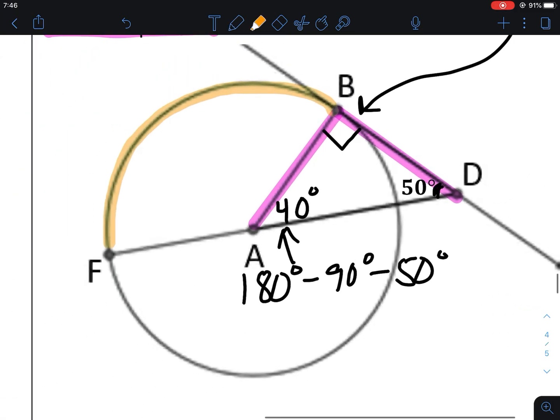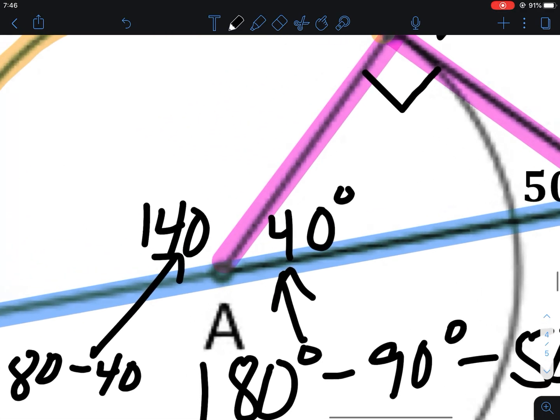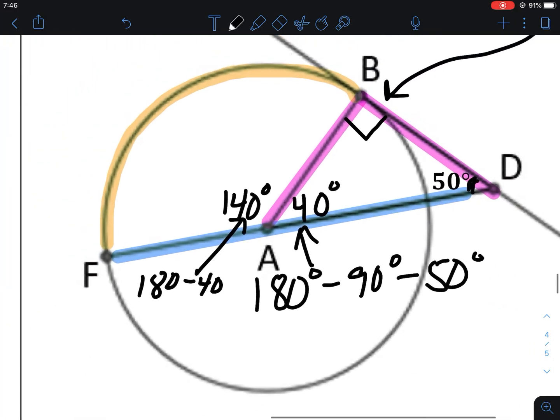I also know that a straight line measures 180 degrees and that my linear pair here is 180 minus 40, right? So this angle is 140 degrees.